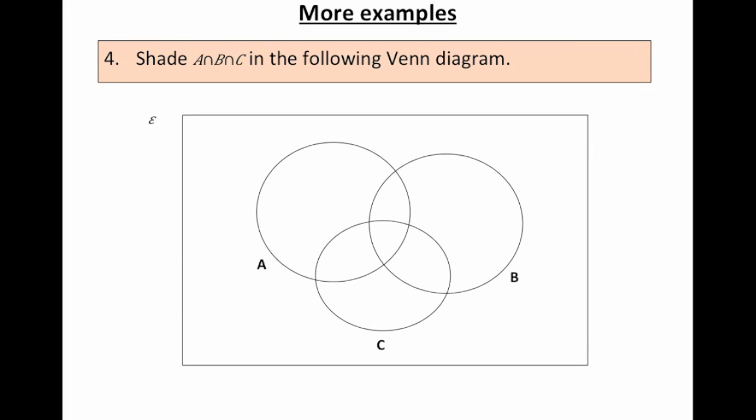Now, let us take a look at the last example, which is also the most complicated example. We are required to shade A intersect B intersect C in the following Venn diagram.